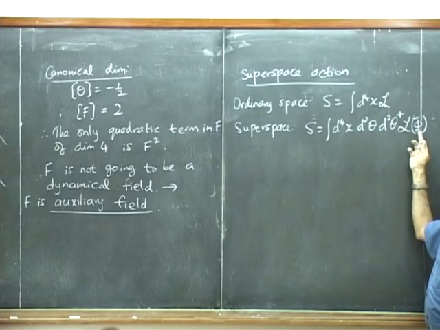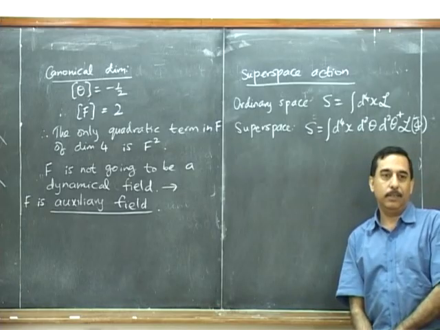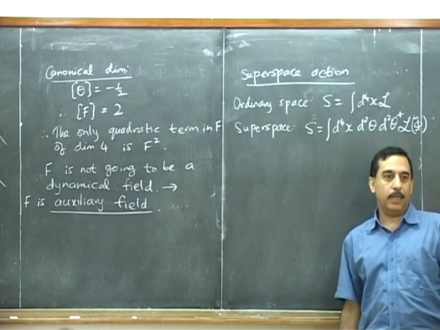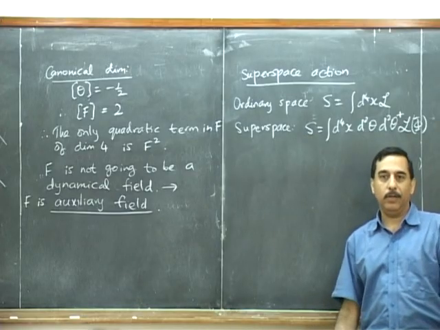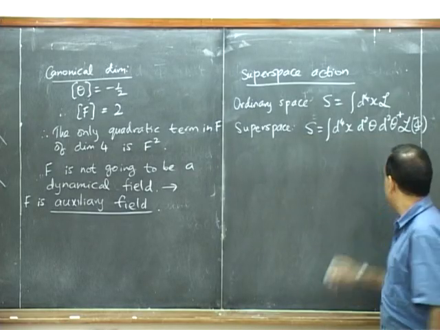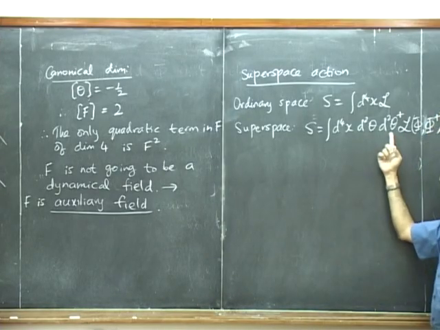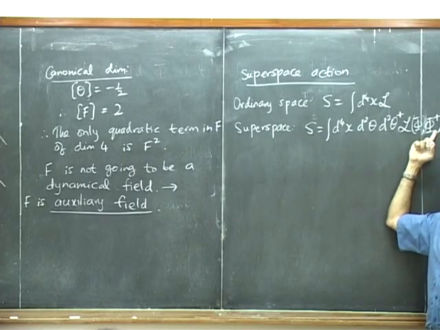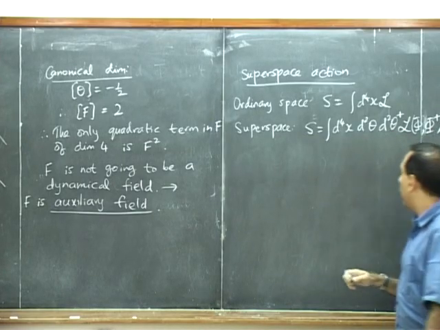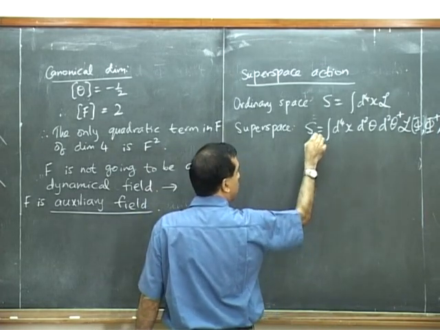However, there's a small puzzle if this Lagrangian, let's say, depends only on phi and not on phi dagger. The Lagrangian can depend on both phi and phi dagger, but some of its terms might depend only on phi and not phi dagger. In that case, it would not make much sense to integrate in theta dagger because this thing wouldn't depend on theta dagger effectively. And so actually, we turn out to have two types of actions in superspace.